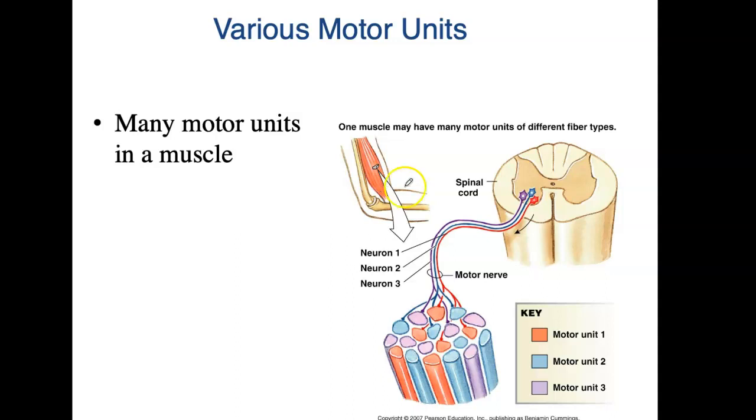So in this picture here, this is showing the spine, and you have one motor unit that's coming in purple, and one that's coming in blue, and one that's in red. And so this particular neuron is branching to particular cells. And we have these different motor units all sort of intertwined.